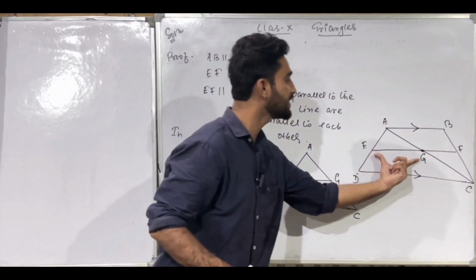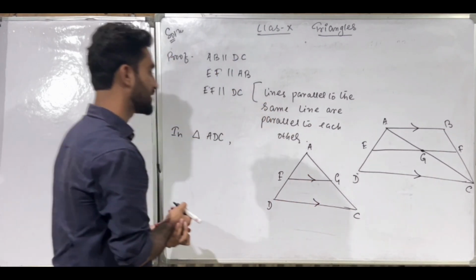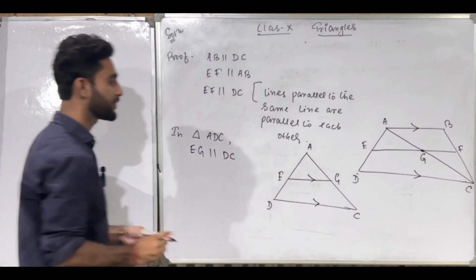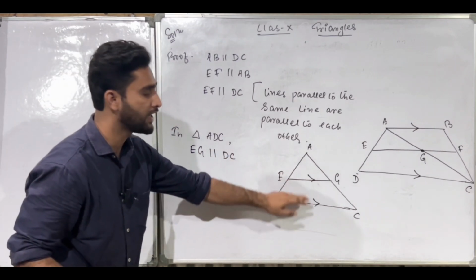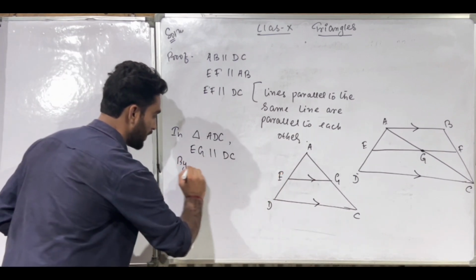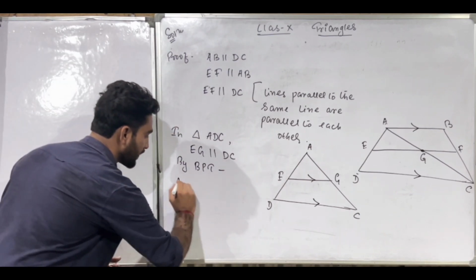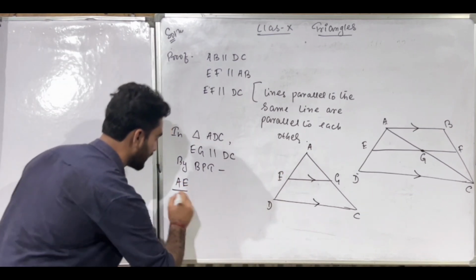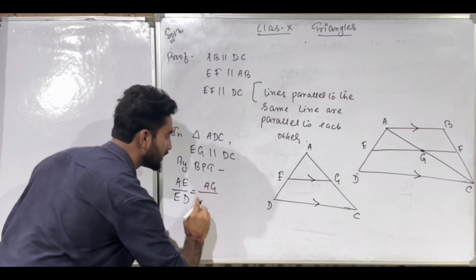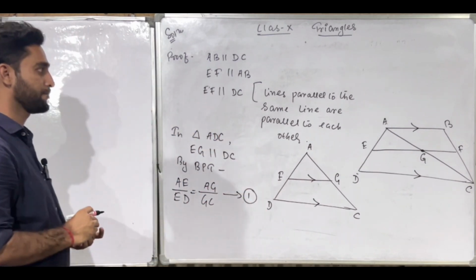So we can say that this line EG is also parallel to CD. In this triangle EG is parallel to DC. Now one triangle is there and parallel lines are there, so we can apply the basic proportionality theorem. So by BPT what can we say? AE divided by ED is equal to AG divided by GC. This one you give as equation number 1.